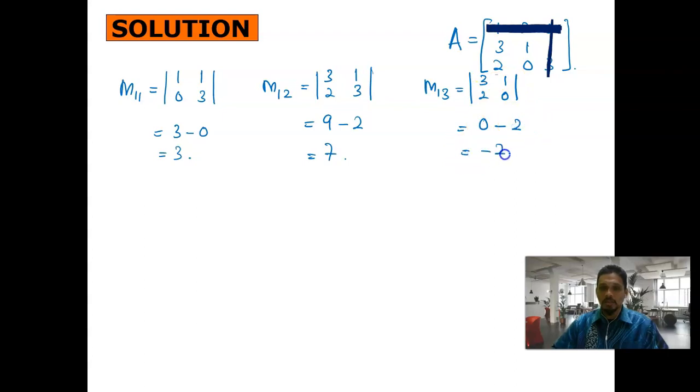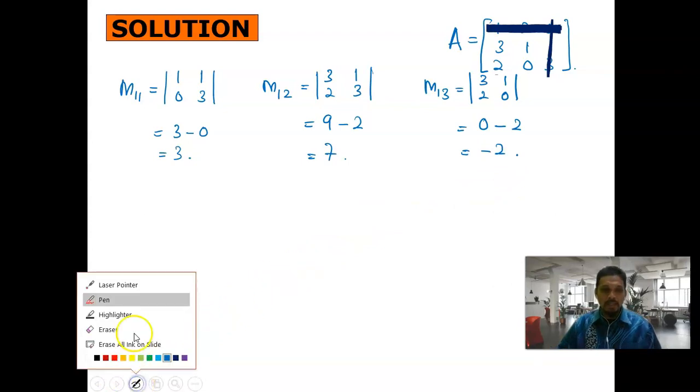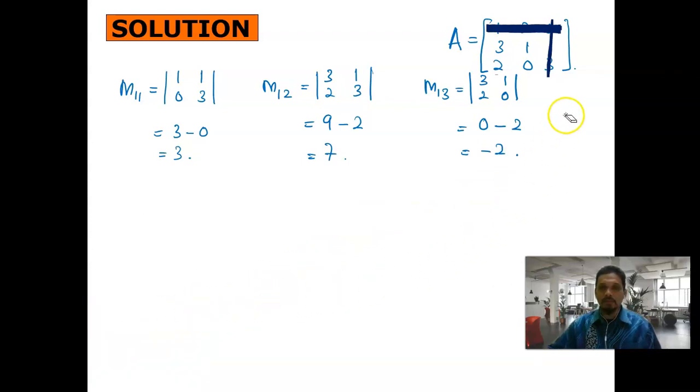It is now equal to negative 2. So now, class, we'll find the minors for the first row, with column 1, column 2, and column 3.